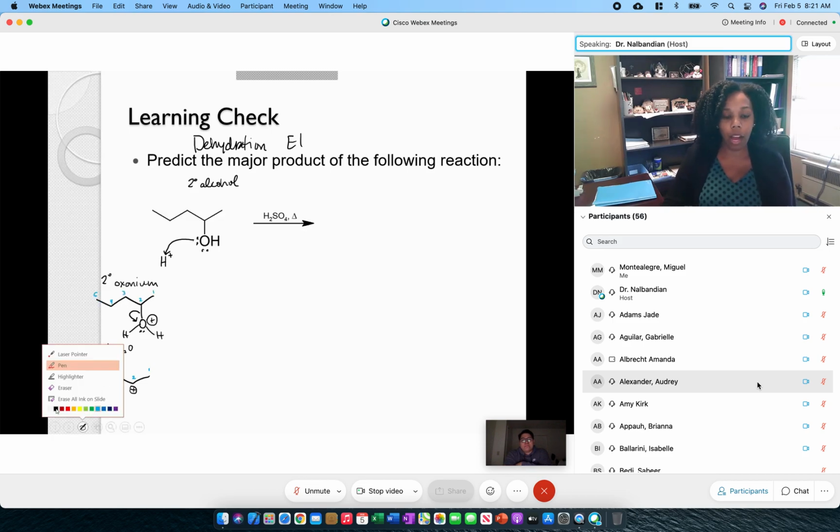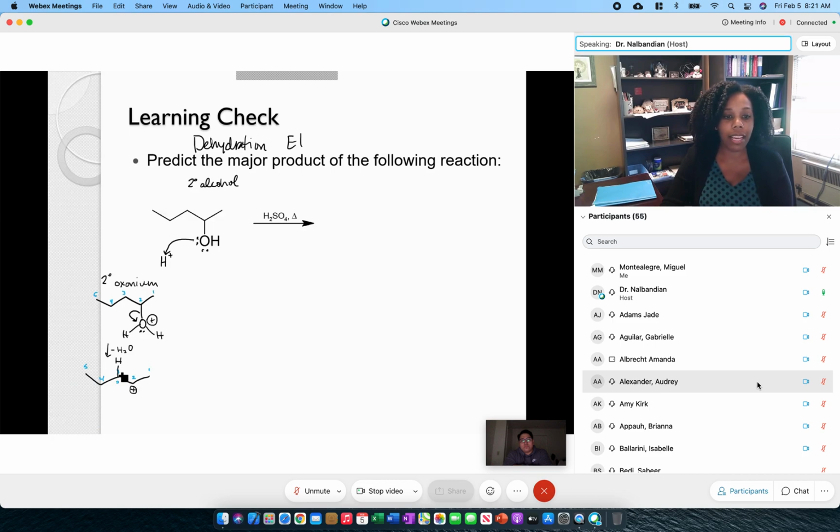So with this product, we have to think about something else. We have a carbocation, and so remember with carbocations, they can be rearranged. If we have a hydrogen or an alkyl group right beside, we can do a hydride shift or an alkyl shift.